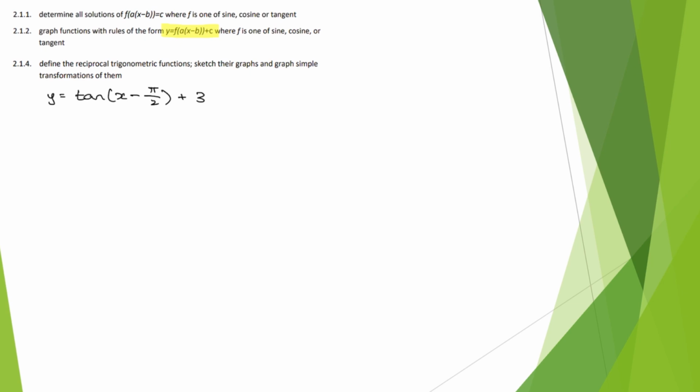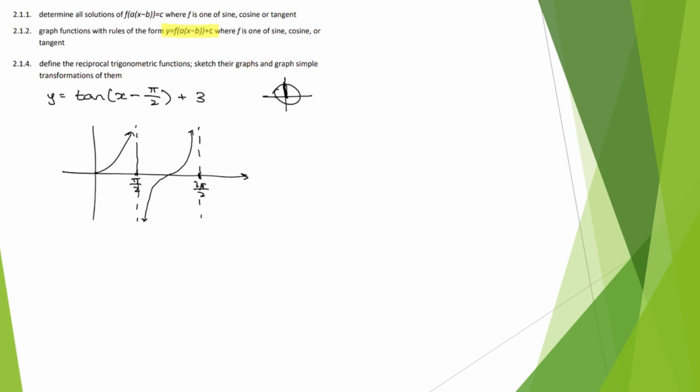All right, so if we have our normal tan function, it looks something like this. We go up to infinity, we go down, around, and back up to infinity like this, and so on and so forth. If we look at our unit circle, we know that the infinity occurs at pi on 2 or 90 degrees. Here it's at 3 pi on 2, and tan is equal to 0 at pi.